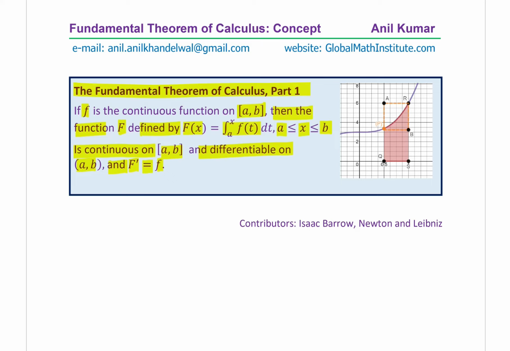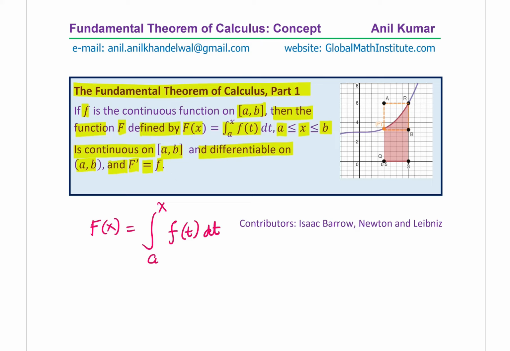So it basically states that the antiderivative F of x is equal to the integral of f of t, correct? It is very important to notice that we have a function F of x, and the integral is from a to x, with the function inside being f of t dt.